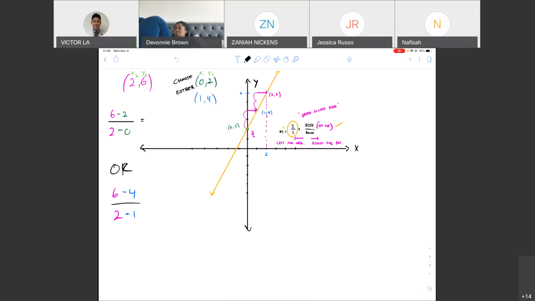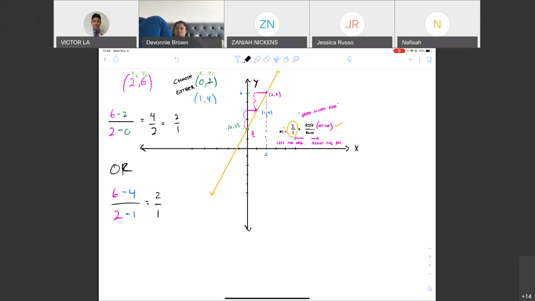Well, you get 6 minus 2 is 4, which is over 2, and that simplifies to 2 over 1. Or on the bottom here, you get 6 minus 4, which is 2, and 2 minus 1 is 1. We get the same answer. So that means that it was the correct slope all along, right, when I calculated.